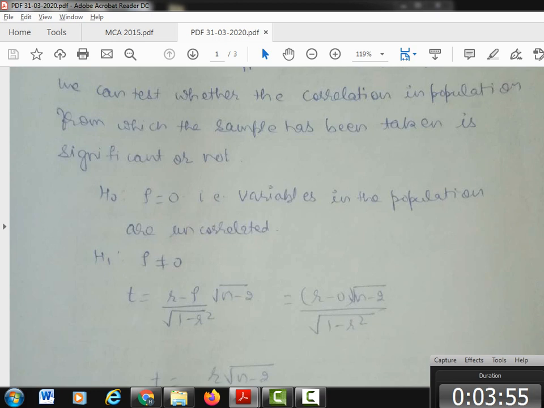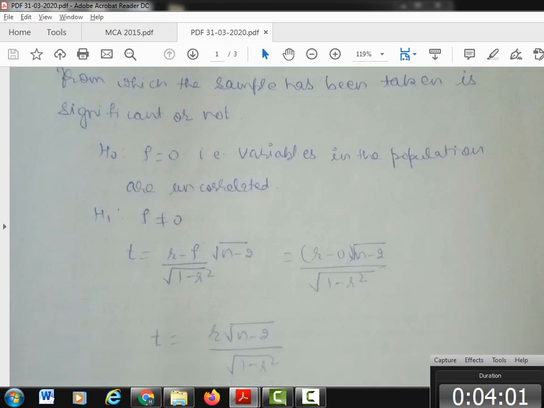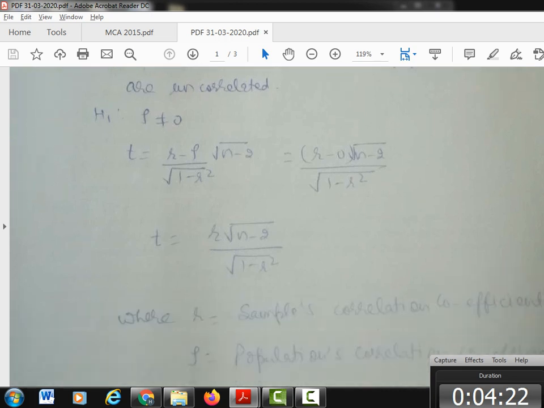The next step is the calculation of the t statistic, which you have to keep in your mind: t equals r minus rho, times the square root of n minus 2, over the square root of 1 minus r squared. As I have set up my null hypothesis H naught: rho equals 0, I use rho equal to 0 here, so the formula reduces to t equals r times the square root of n minus 2 over the square root of 1 minus r squared.